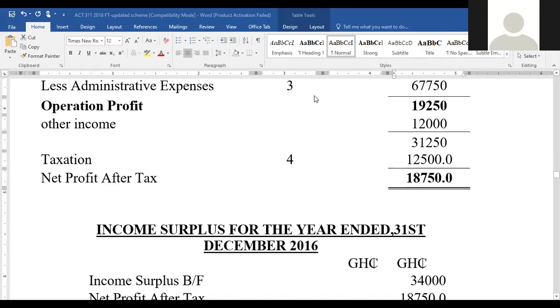Is it 58? 58,200. Creditors is 8,000. Expenses outstanding is 1,000. 58,200. Actually, 56,200: 8,000 plus 1,700 plus 28,000 plus 6,000 plus 12,500. How are you getting 58,000?